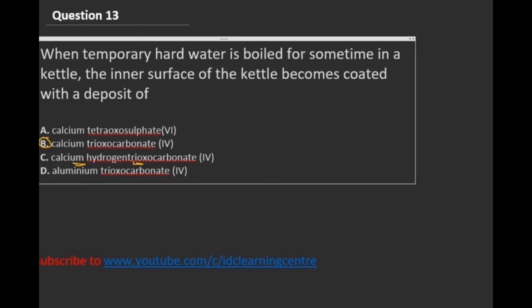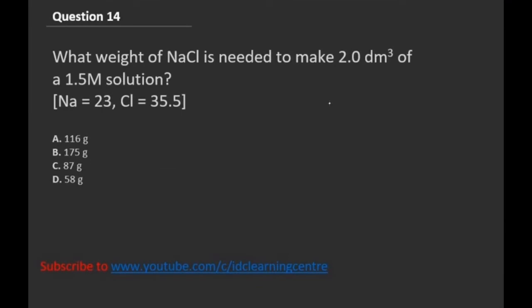Question number 14. It says, what weight of sodium chloride is needed to make 2.0 dm cube of a 1.5 mole solution? To solve for this, we will first of all look for the molar mass of sodium chloride.